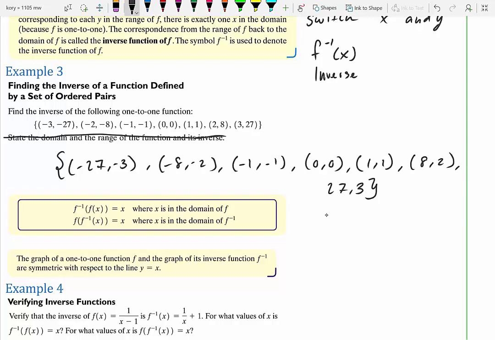Bless you. I'm not going to have you state the domain and range because we have a lot of numbers, but remember the domain is just list all the x values, and the range you would list all the y values separately.